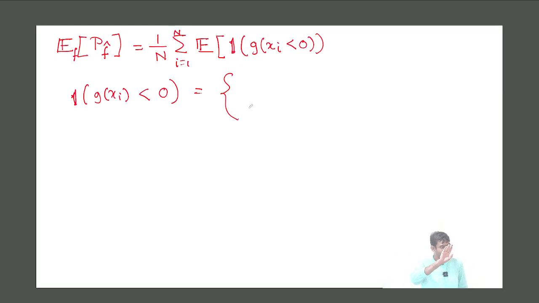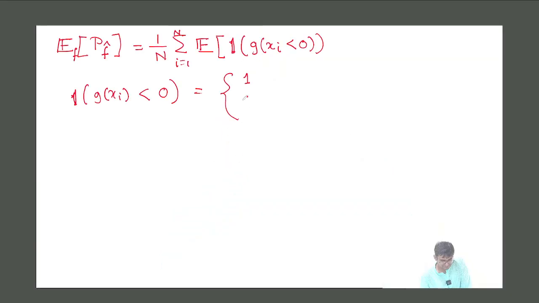Everyone understands it's a Bernoulli distribution and not a binomial distribution, because we are talking about one trial. What is the chance that it will be equal to 1? It is 1 when it fails, and 0 when it is safe. The chance it will be equal to 1 is P of f, probability of failure. So that expectation will be equal to P of f.